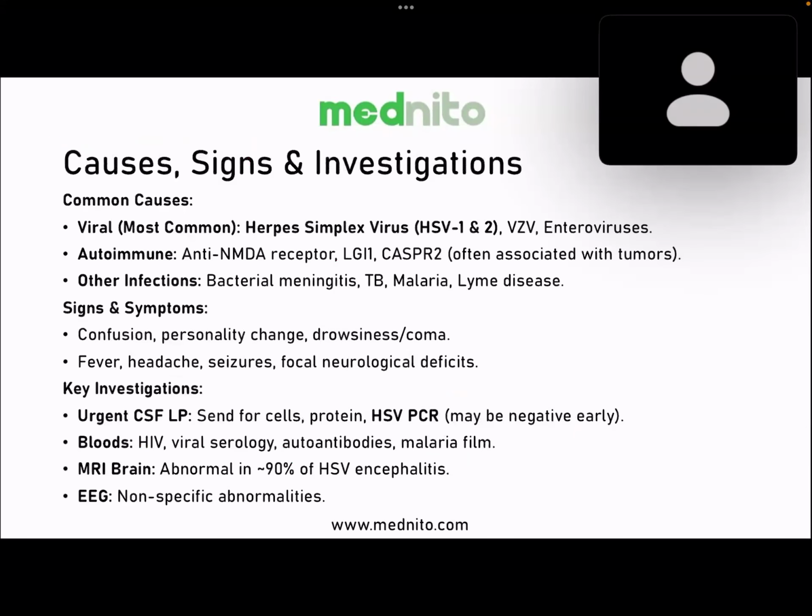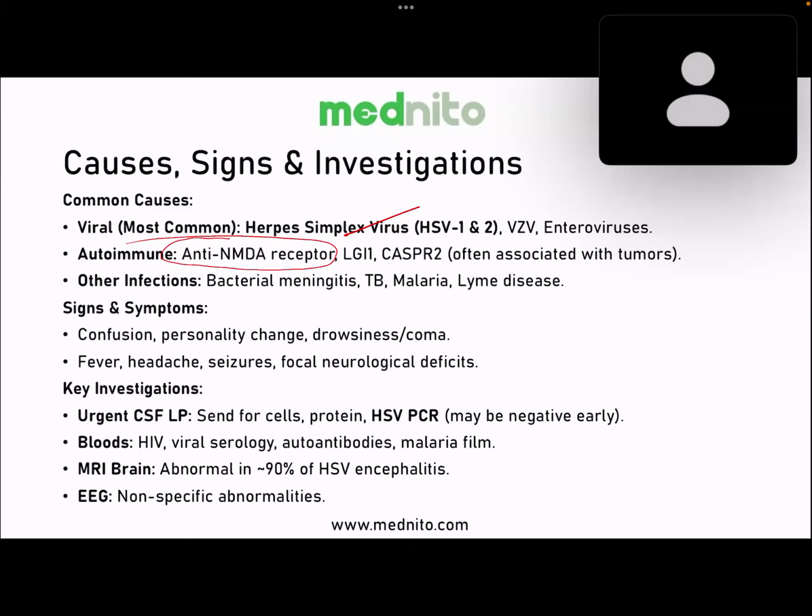So the anti-NMDA receptor antibody is one of the most important antibodies that you will have to send, because that presents with change in behavior. Then herpes simplex virus, treated with acyclovir: patient presenting with change in behavior, neck pain, neck stiffness, seizures. The patient is usually brought in by the wife, the family, the daughter, the brother, the mother. The patient does not usually come on their own.